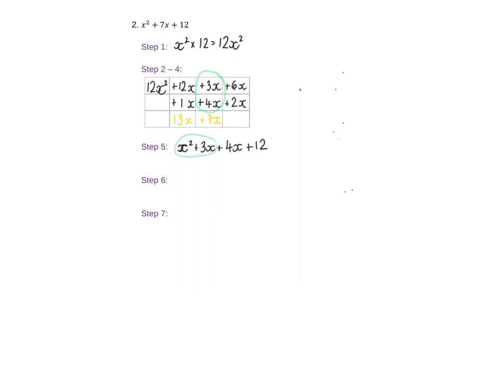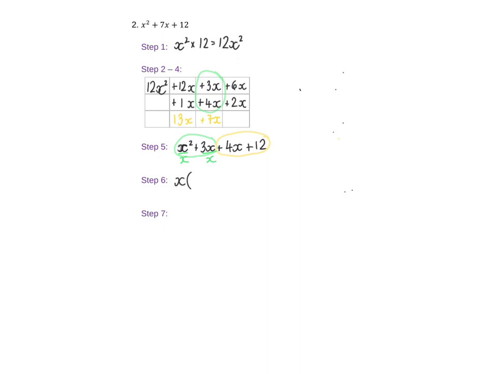So first two terms, last two terms. And we're going to now look for a common factor from each group and factorize. Common factor from our green group, the first group, is both can be divided by x. That's my common factor.